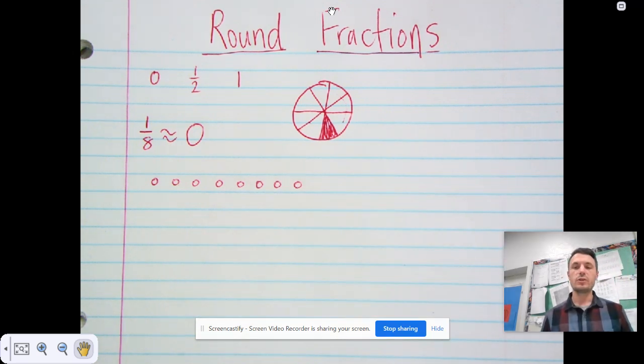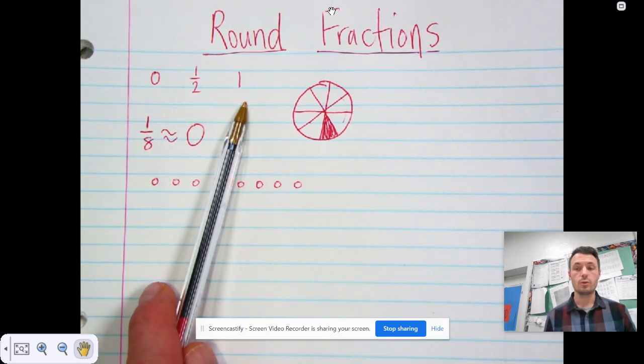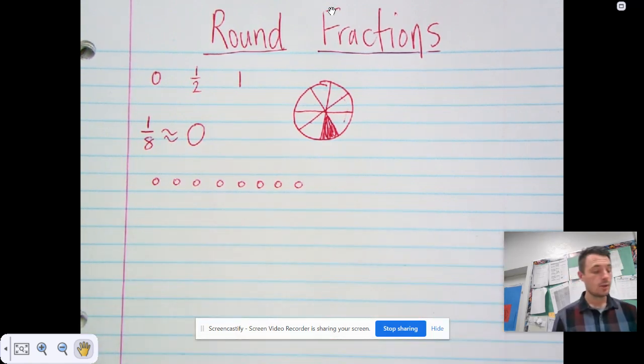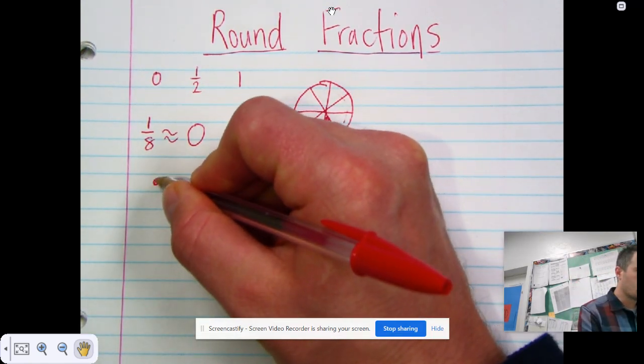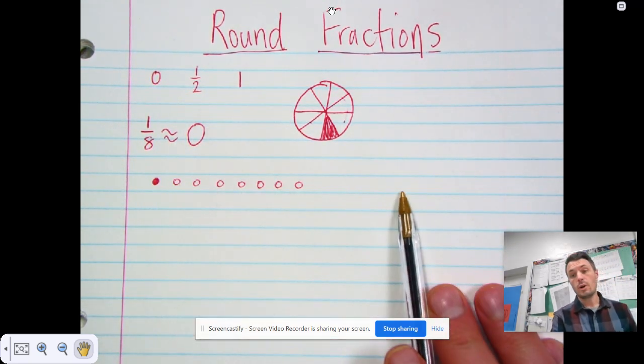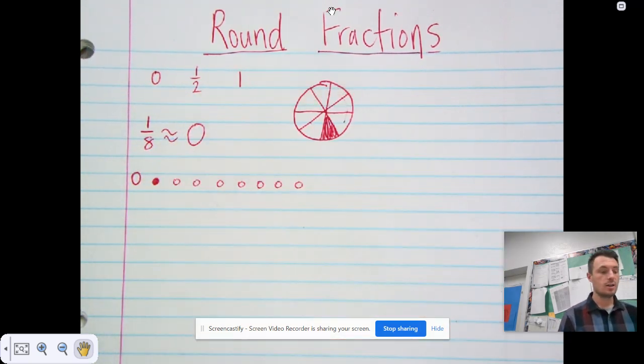The reason I like circles is since they're extended linearly, or long ways, it's really easy to see if they're closer to 0, closer to 1/2, or closer to 1. So let's say this was one bag of marbles. And let's say one of the 8 marbles is red, the rest are all white. So here's 0 marbles being white.